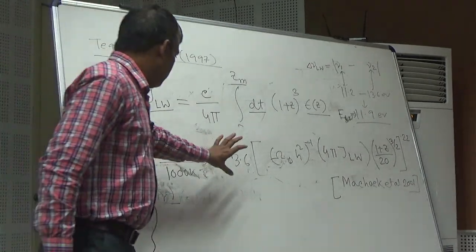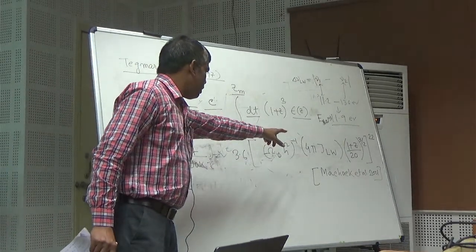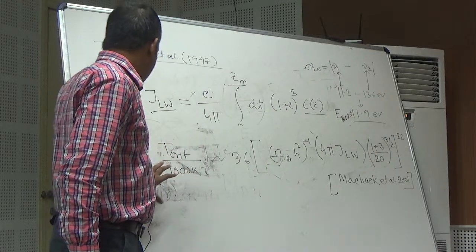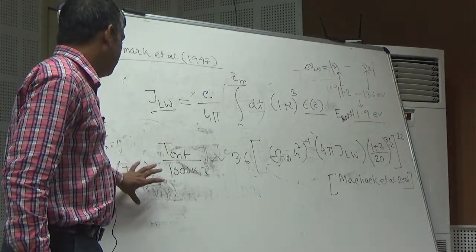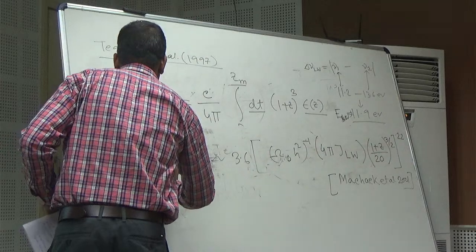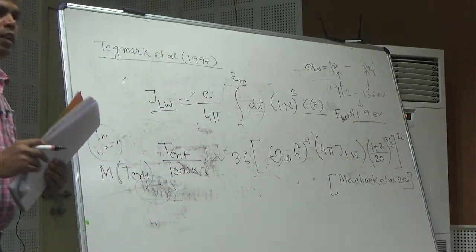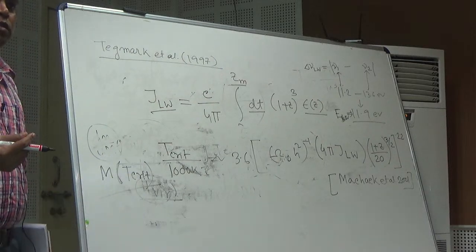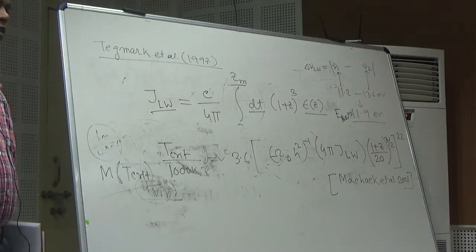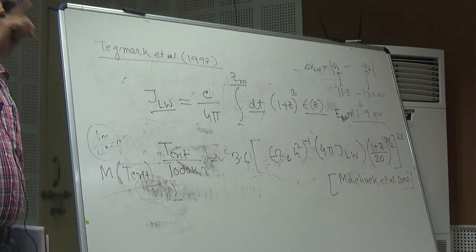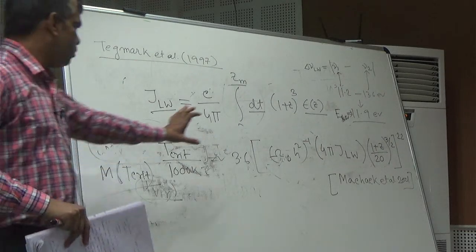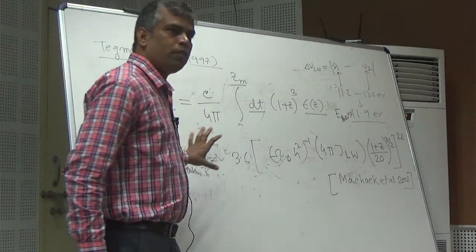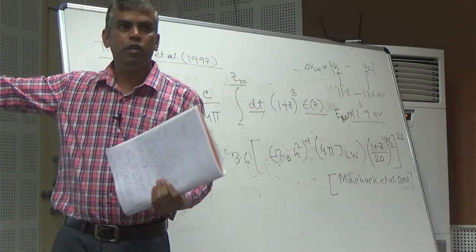Using this JLW you can estimate T critical, and using that T critical you can estimate M at T critical. So that is the new lower mass. Now I have estimated one lower mass using this virial theorem, and this is coming from the Lyman-Warner band. Let's say if JLW is 0, then this is 0, and this same green line will hold.